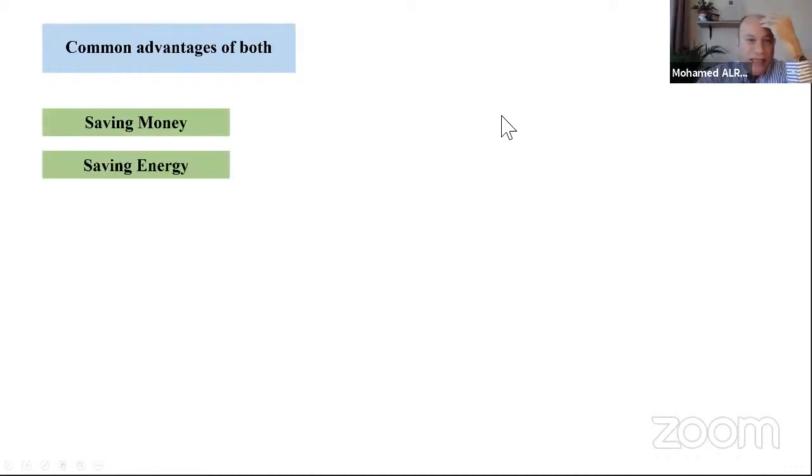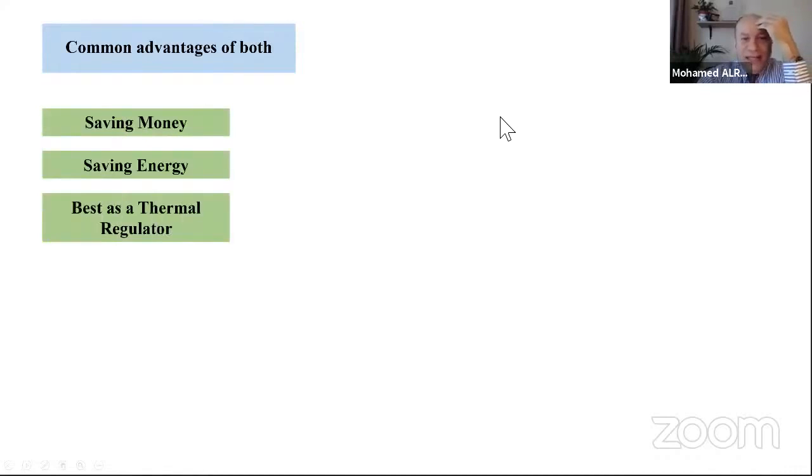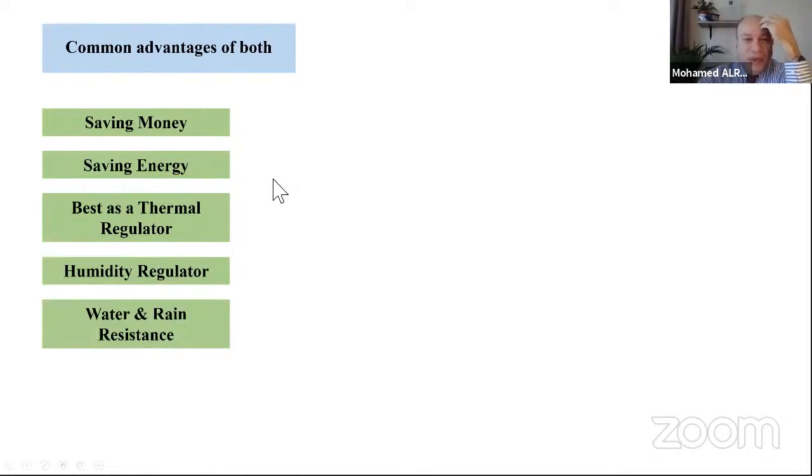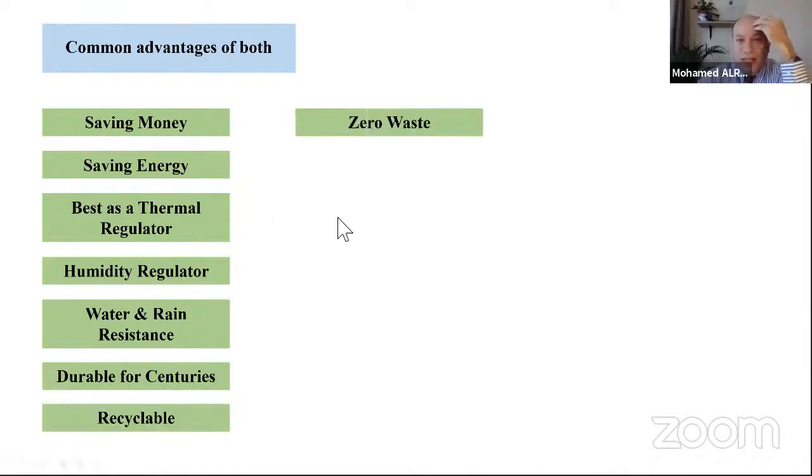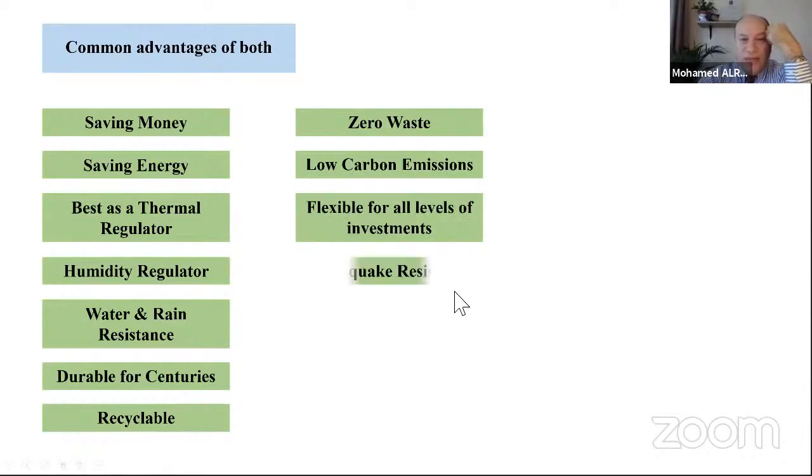And there are common advantages of both of those techniques. They save money, they save energy, they are the best thermal regulator, and I'm going to explain this point later. They are humidity regulators, they have water and rain resistance, they are durable for centuries, they are recyclable, they have zero waste because they are fully recyclable, low carbon emission, and flexible for all levels of investment.